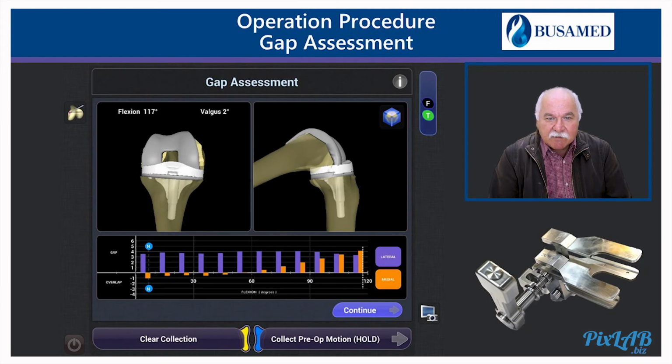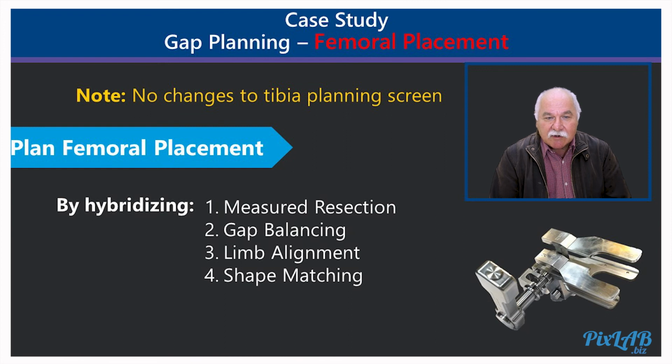So finally we come to the femoral placement planning. No changes are made to the tibia planning screen as the tibia has already been cut. We now hybridize our femoral placement through measured resection, gap balancing, limb alignment and shape matching.